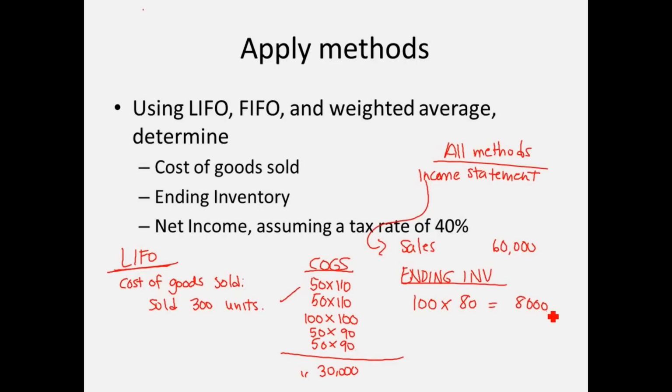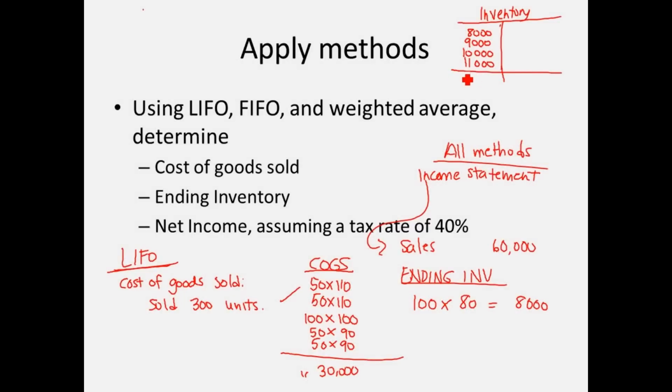So, if I say, well, my inventory was originally, I purchased 8,000, and then I purchased another 9,000, and then I purchased 10,000, and then 11,000.